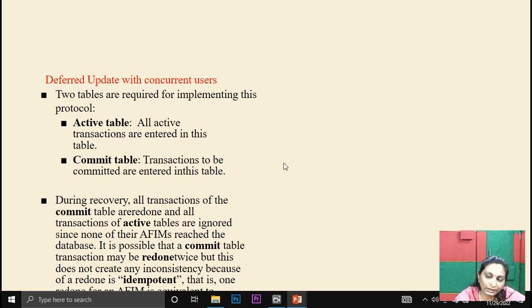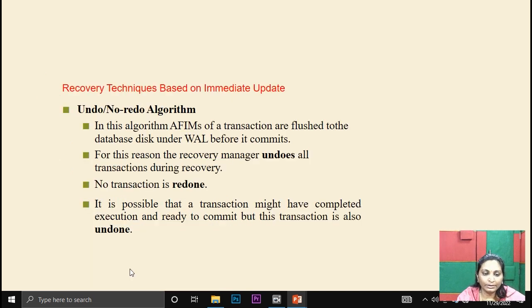But the transactions in the active table are undone because the transactions before the system crash were not successfully committed or completed. So the transactions in the active table are undone and the transactions in the commit table are redone.